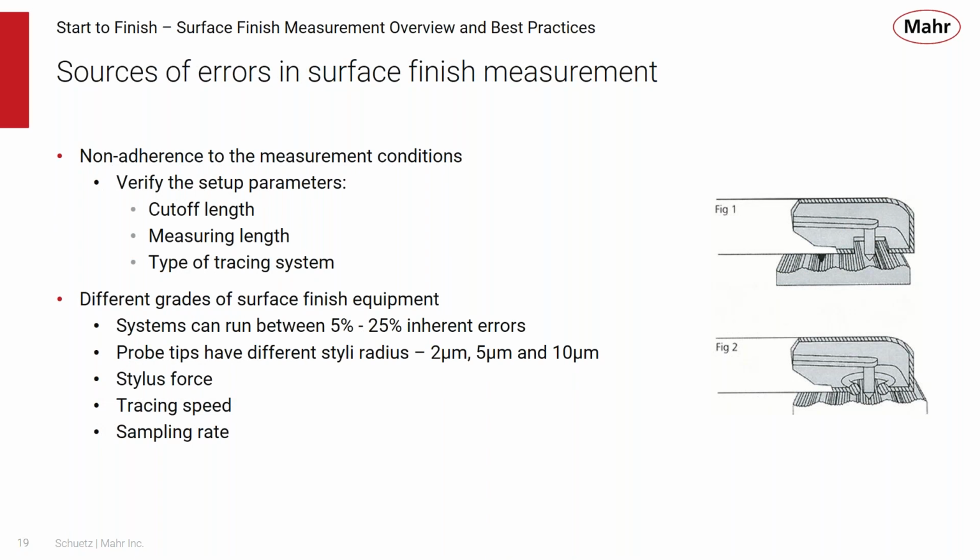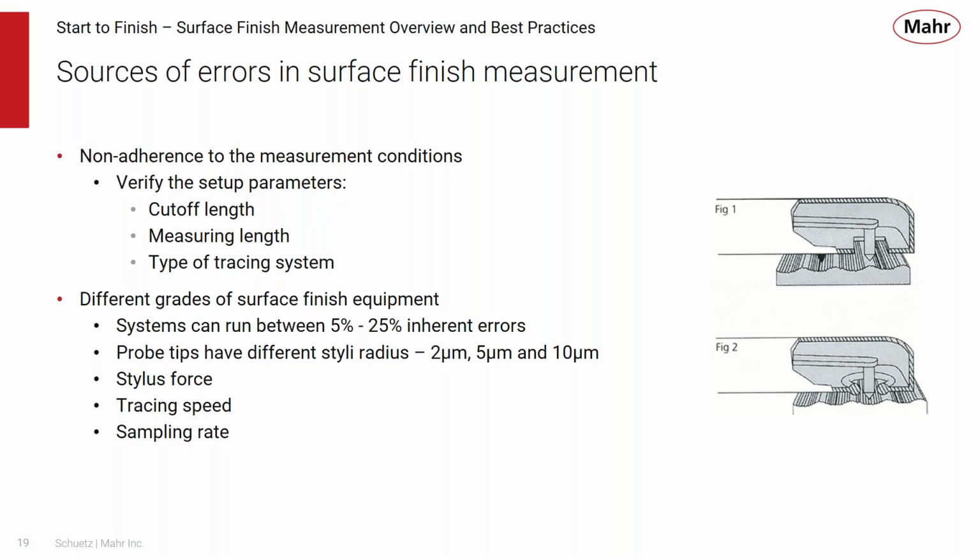And sources of error from the instrument itself can be discussed and should be considered while making the measurement. So here are some of the sources of errors. Non-adherence to the measurement conditions. We talked about measuring segments of the surface and how long the surface was and the type of tracing systems.